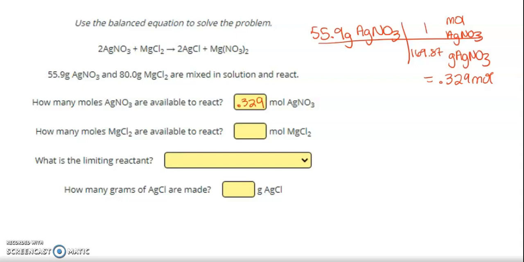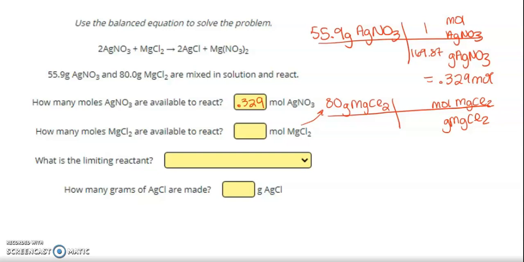So now I'm going to find the moles of MgCl2. I take my amount, 80 grams MgCl2, drag down grams MgCl2 and go to moles.